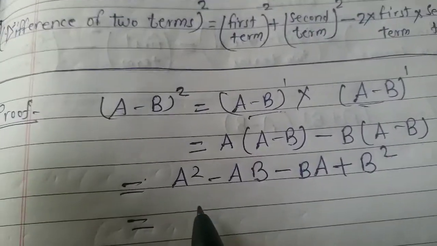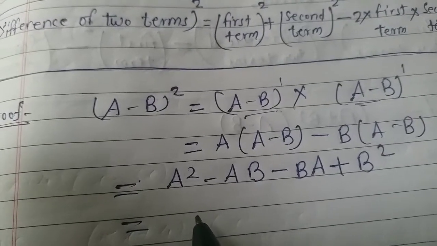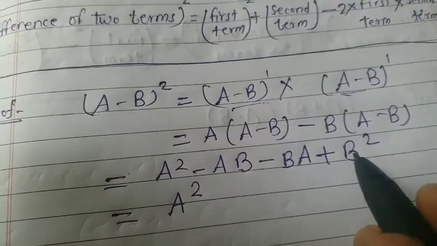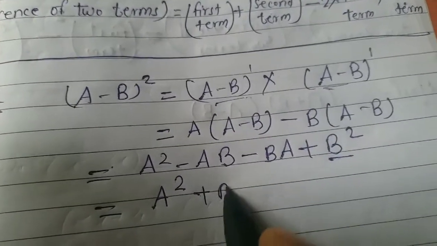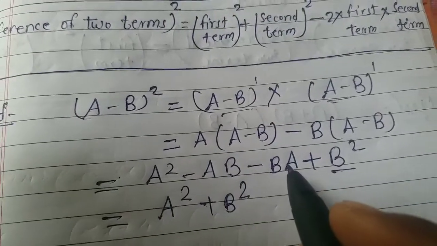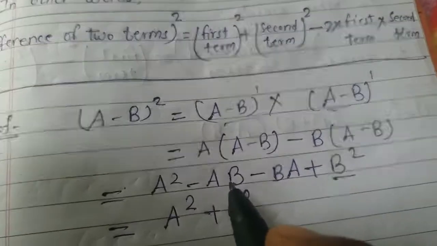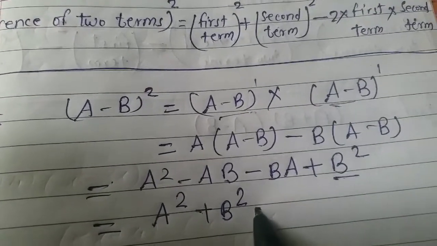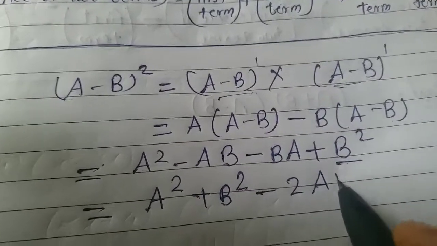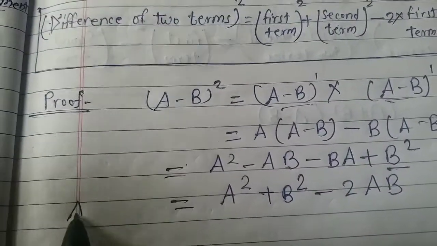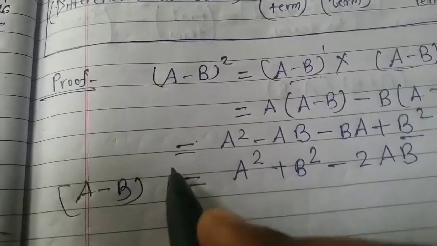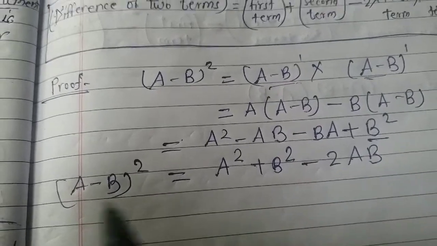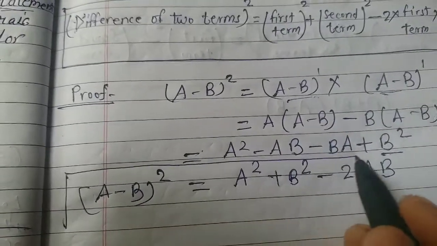Arrange the terms from the highest to the lowest power: first a squared, then the second power term is b squared. Now ab and ba are the same term. Now minus ab minus ba becomes minus 2ab. Here is the proof of the second identity: (a - b) whole squared equals a squared plus b squared minus 2ab. Is that clear?